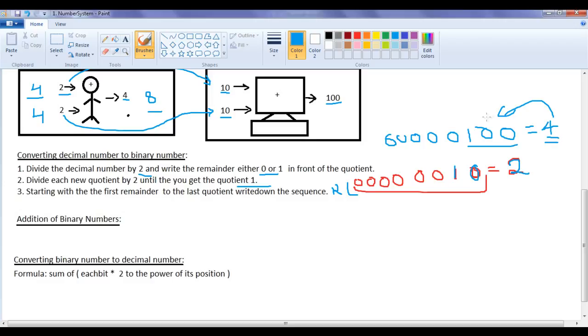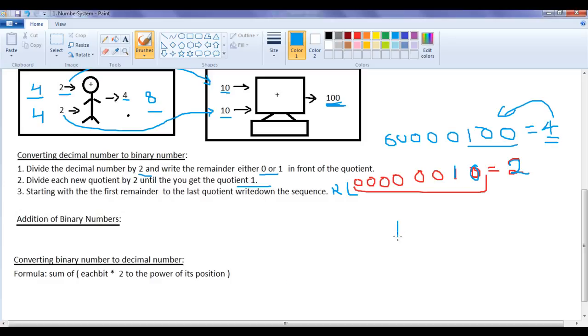Also we need to learn whether the returned output is correct or not by converting a binary number to a decimal number. So how do you convert a binary number to a decimal number? That is also one of the most important concepts you need to learn. So how do you convert? Simple thing, you have to follow this formula. Get the sum of each bit multiplied by 2 to the power of its position.